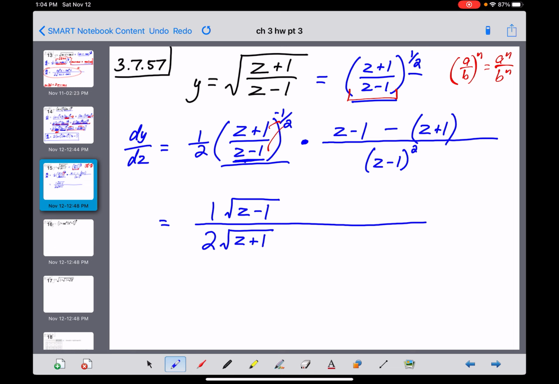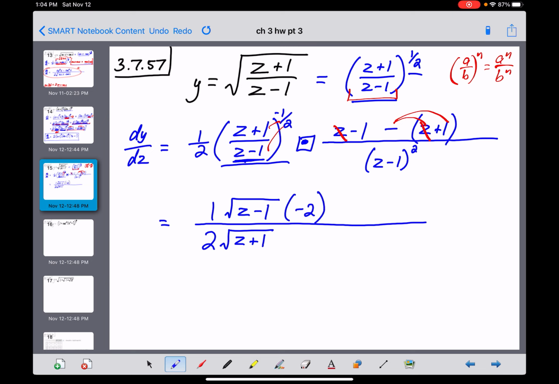Okay, what happens next? As we take a look at what's happening in the numerator, where we did the quotient rule, that's going to be a minus z and a minus 1. Well, plus z and minus z are going to cancel each other out, but negative 1 times another negative 1 is going to give us a negative 2. And you've got to be careful, guys, that is actually being multiplied by everything else that we had right there.